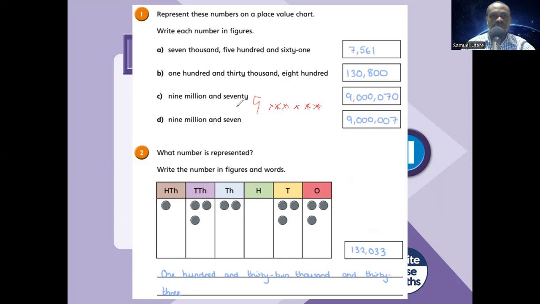Now if you think about it, 70 can only go here. Then you can see the number there. All right, that's how to do it really quickly. So you know these will be filled with 0, and that's what you see there.